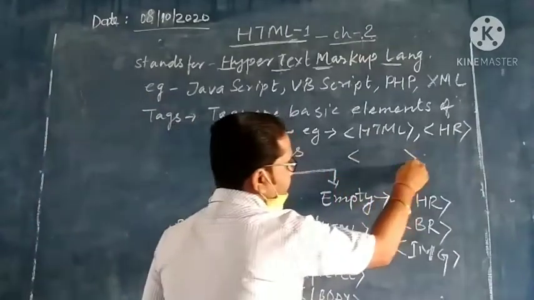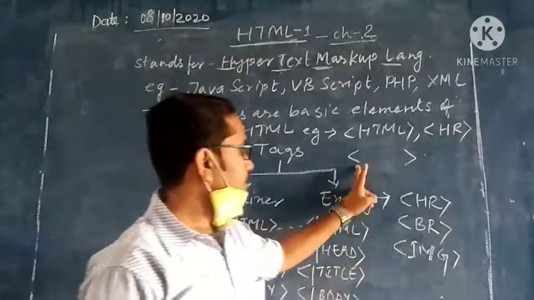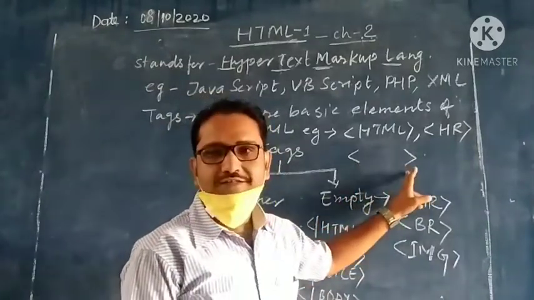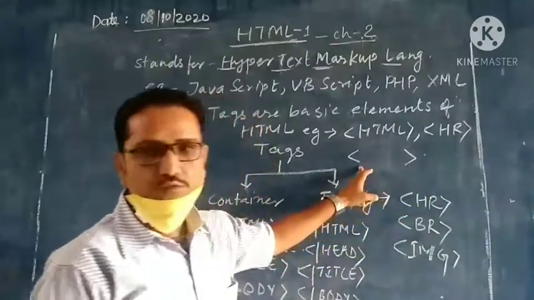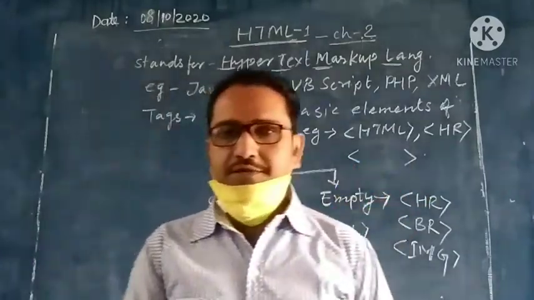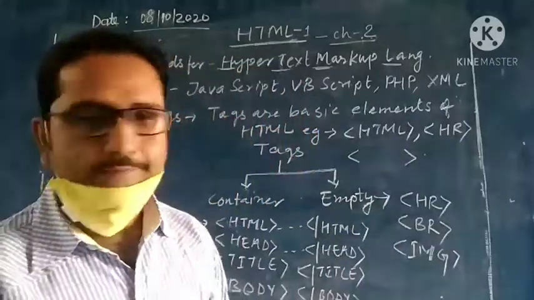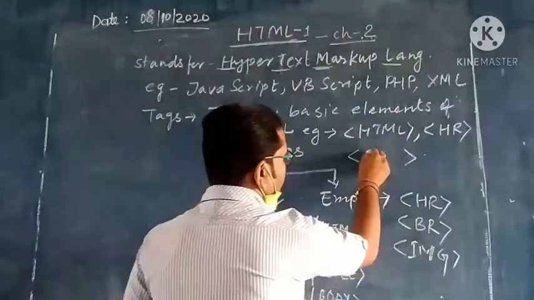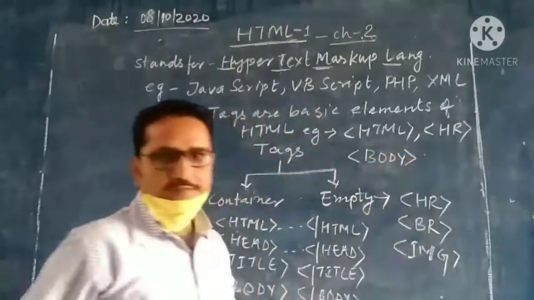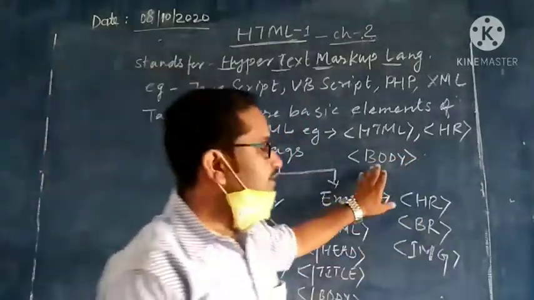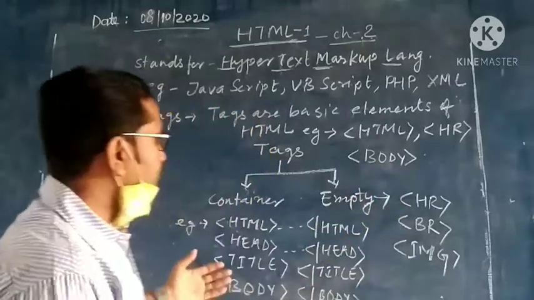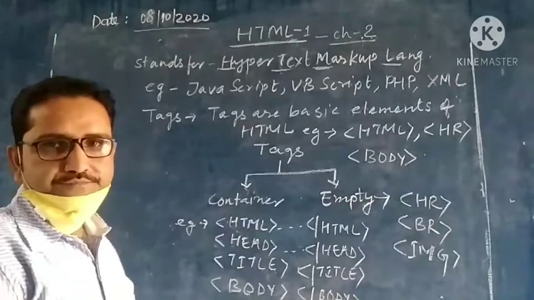Whatever we write within these two brackets, less than and greater than brackets, whatever we like, HTML treats as a tag. So if we write body as a tag of HTML, then it will be treated as a tag.